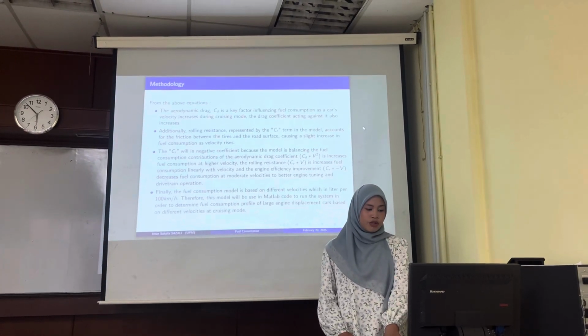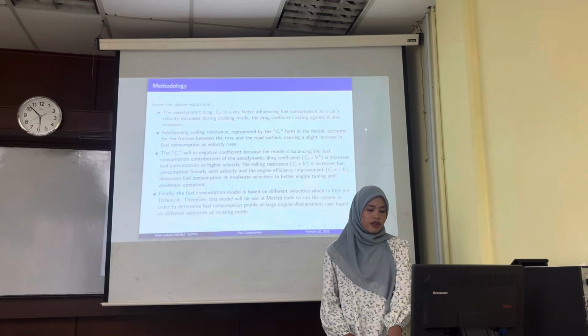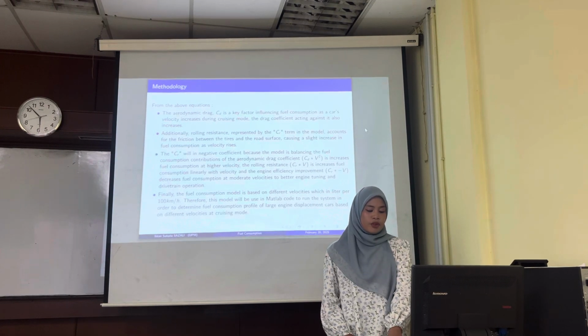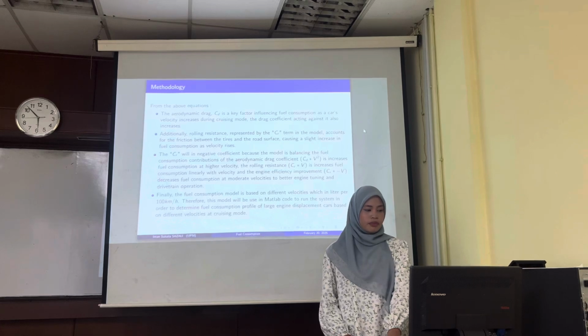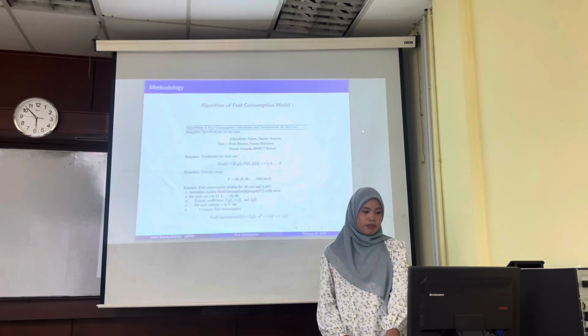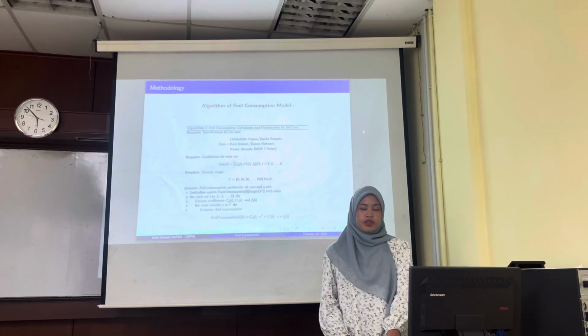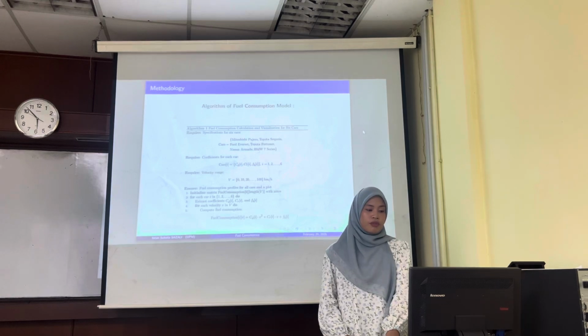The fuel consumption model is based on the different velocities, in liter per 100 km per hour. So this is the algorithm to generate the fuel consumption model based on the fuel consumption profile.